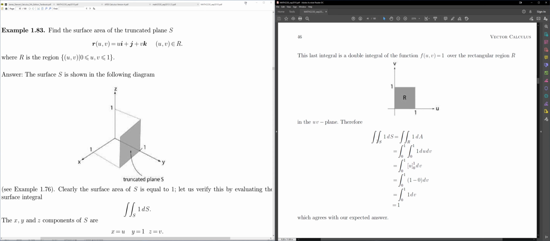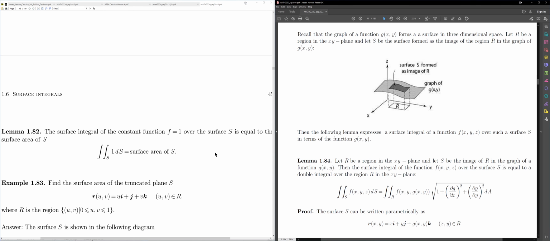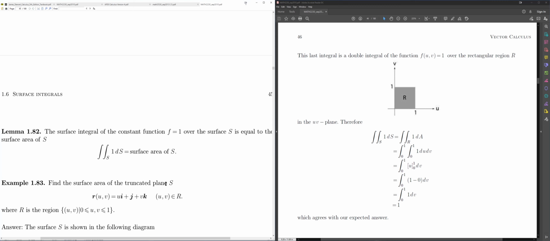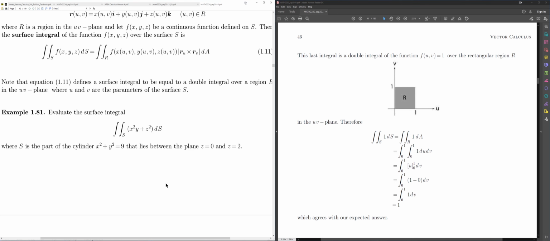So when I work out my surface integral, according to the formula for working out a surface integral for a parametric surface, the surface integral of 1 over here, which is just giving me surface area, is equal to a double integral.